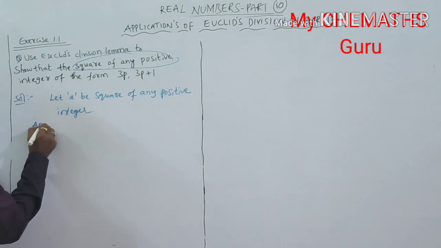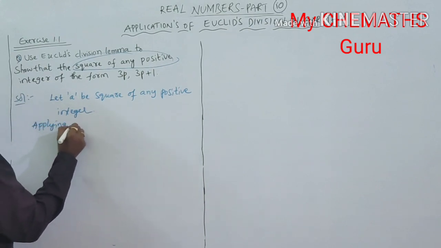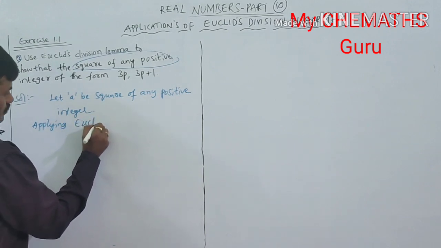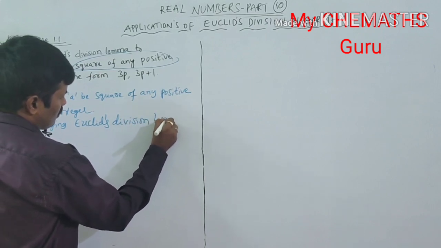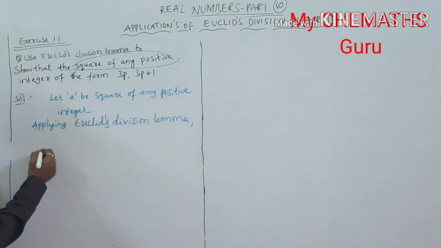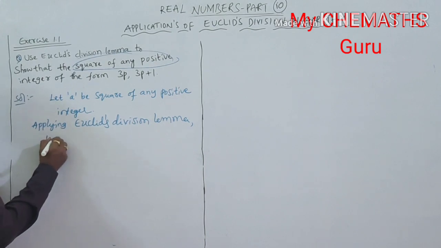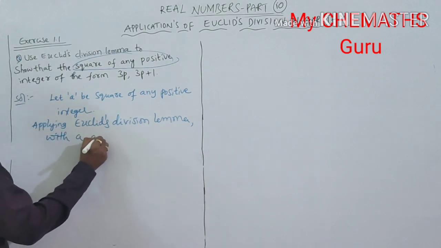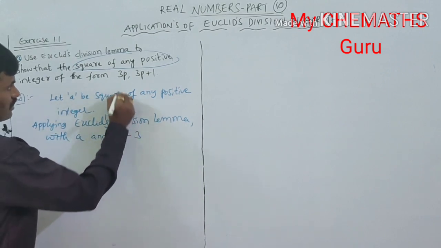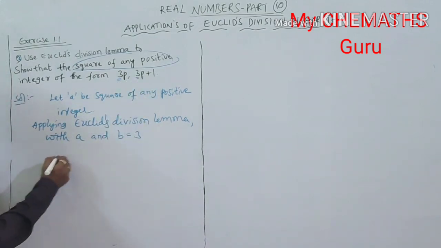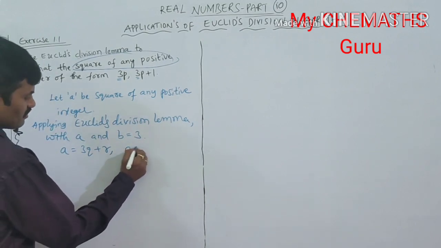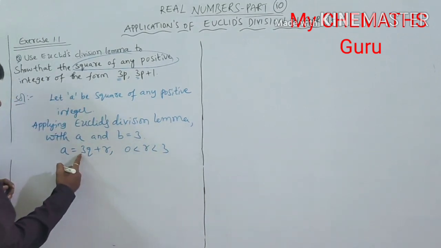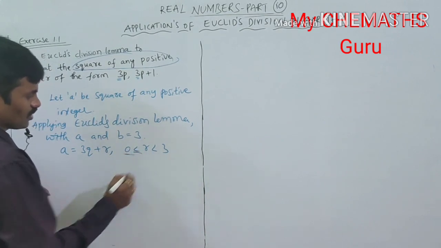So by applying Euclid's division lemma, the division algorithm, with a and b equal to 3, the divisor, then according to the statement, a is equal to 3q plus r, where r lies between 0 and 3, including 0.